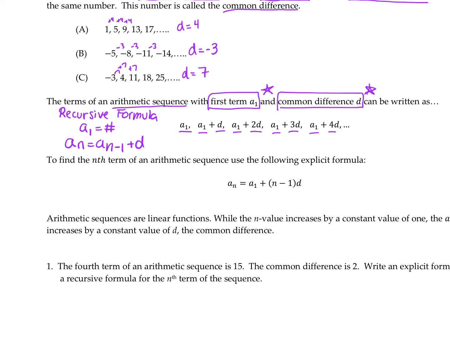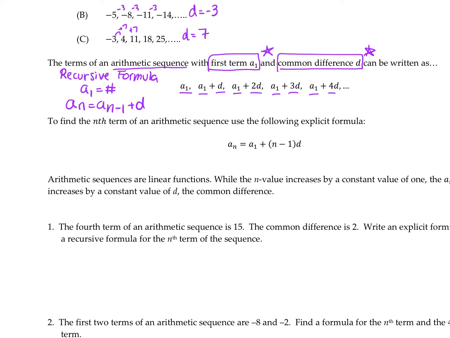Now the other formula we're going to use is our explicit formula, which they give us here. And so let's talk a little bit about what these different pieces mean. So our A1 is our first term. Our n is the term number that we're trying to find. Our d is our common difference, as we said above.